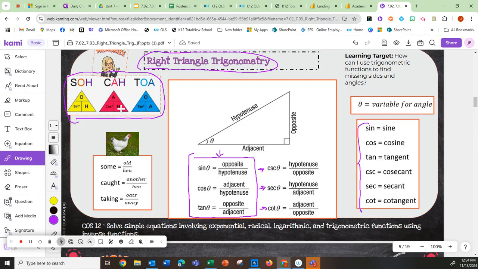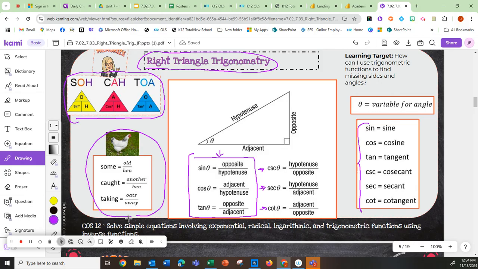Cosine is adjacent over hypotenuse, A for adjacent, H for hypotenuse. Tangent is opposite over adjacent. In my day, we taught this little saying: some old hen, sine opposite hypotenuse, caught another hen, cosine adjacent hypotenuse, taking oats away. Tangent equals opposite over adjacent.